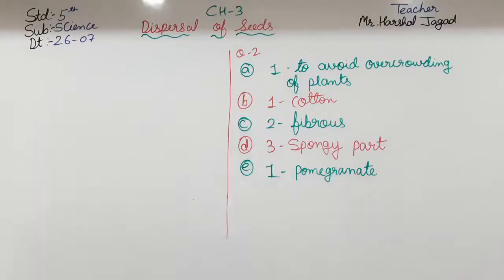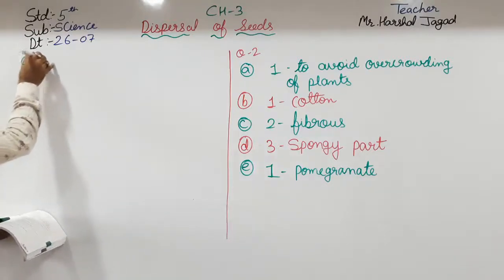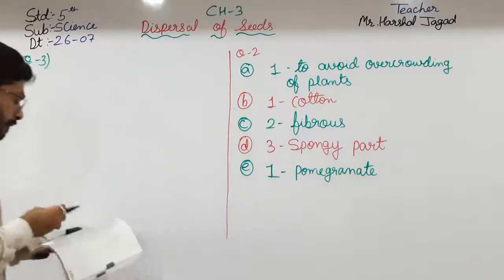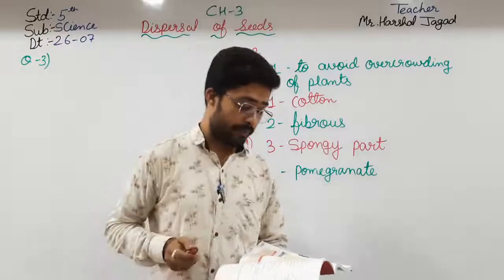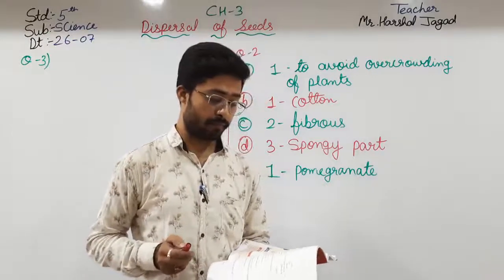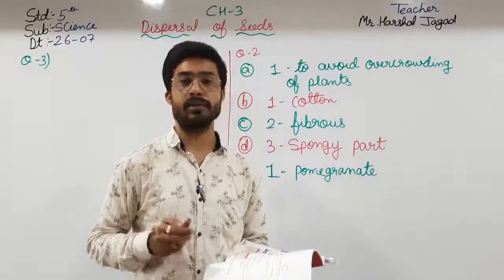So here, question number 3, true or false. In that, the first one, A, the most important means of plant reproduction is through leaves.